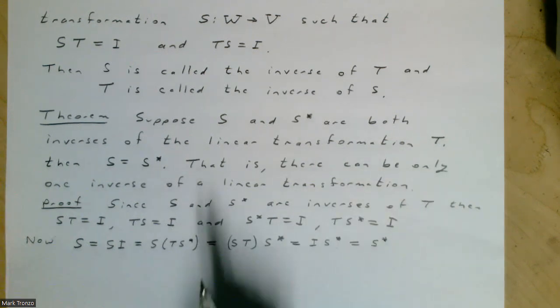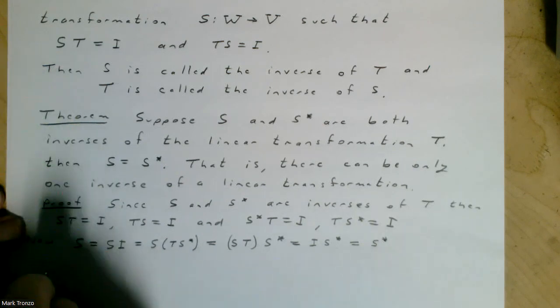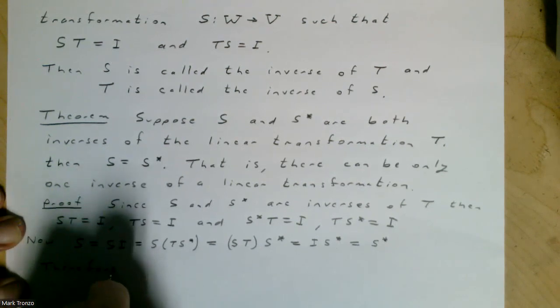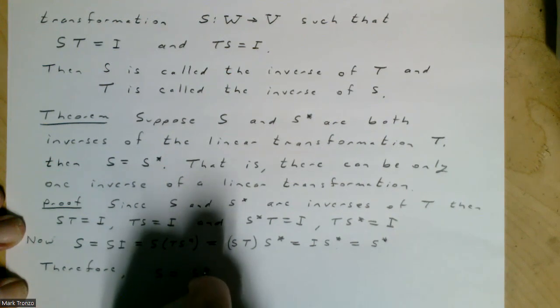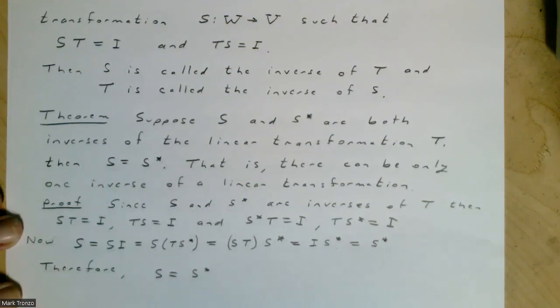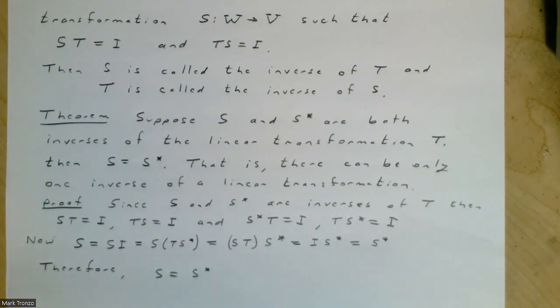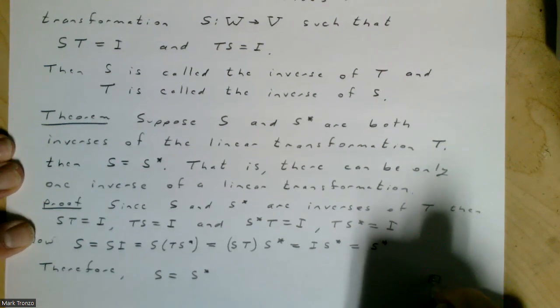So notice we went through these substitutions and S is equal to all these, and that's eventually equal to S star. Therefore, S is equal to S star. So there's only one inverse for a linear transformation. Another way to say that is the inverse is unique.